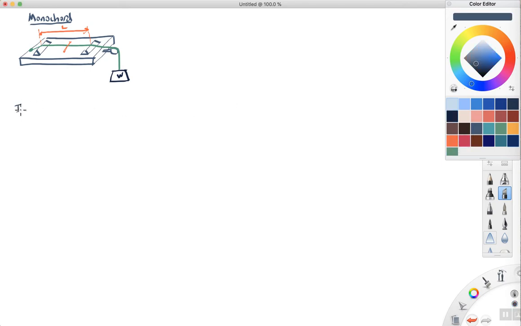So in order to increase the pitch of the note, P-I-T-C-H, pitch, by 1 octave, one can, this is the first way to do it, one can halve the length of the monochord.